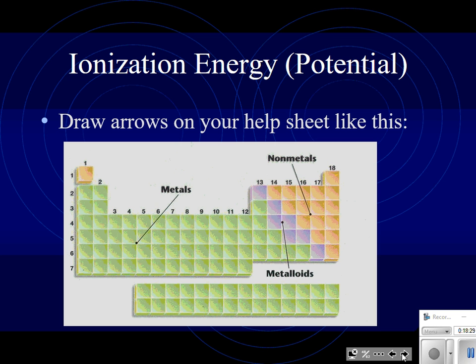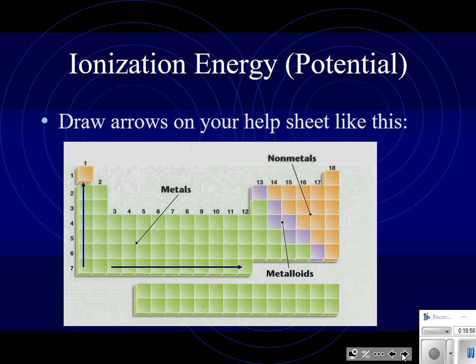So on your help sheet, ionization energy increases as we go up. Remember we said that the bigger the element, it's easier to remove the electrons. So the smaller will hold those a little bit tighter. So as we go up, the ionization energy increases.